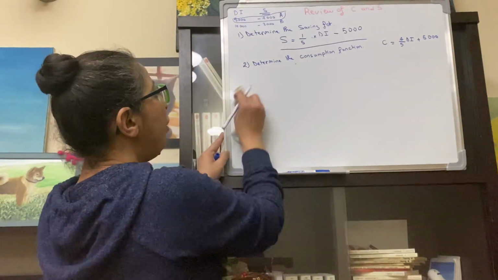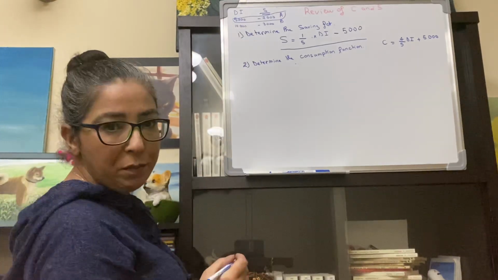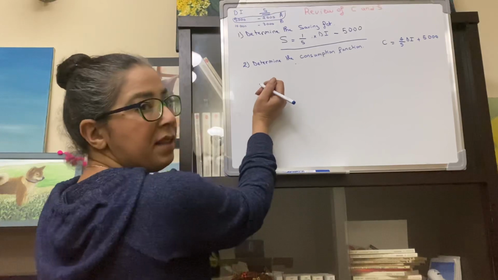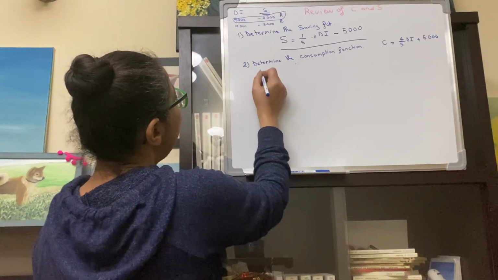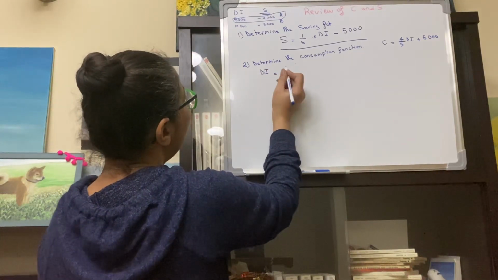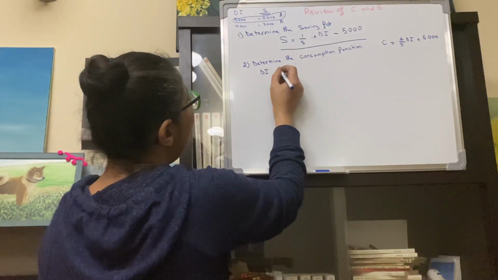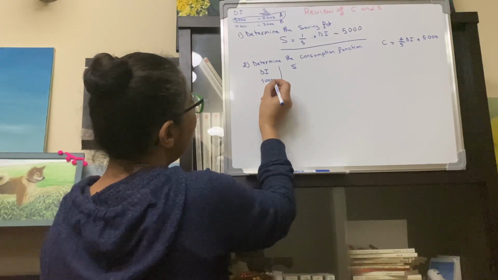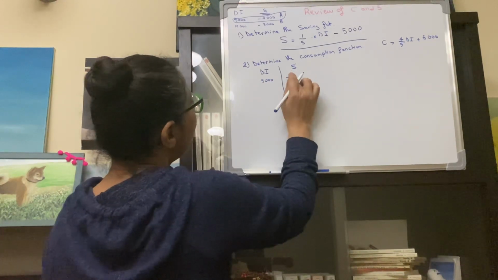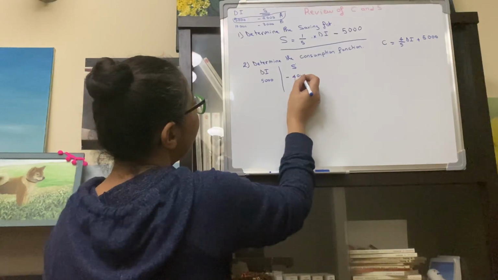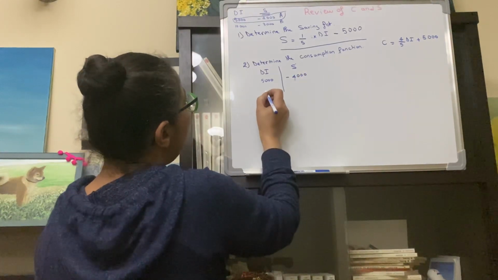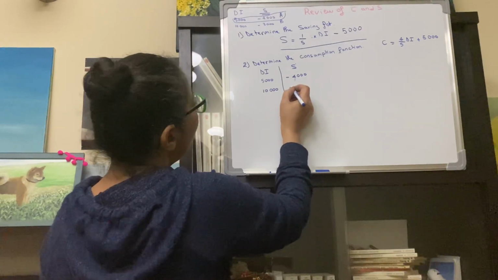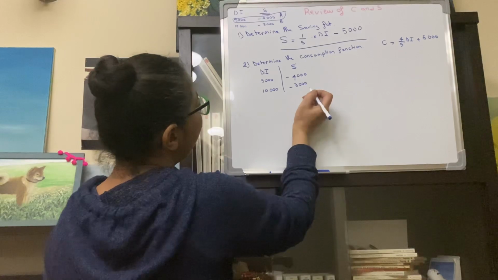Okay, so method 2: I'm going to calculate my consumption, using 2 points, and do it the same way I did the saving. At DI 5,000, saving is minus 4,000. At DI 10,000, saving is equal to minus 3,000.